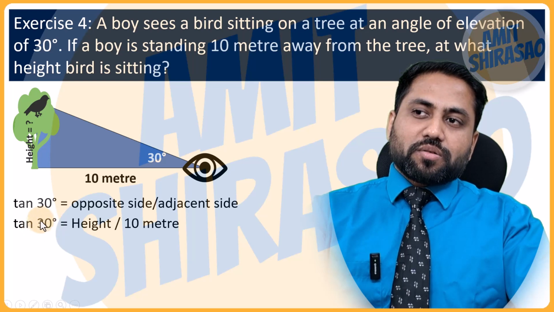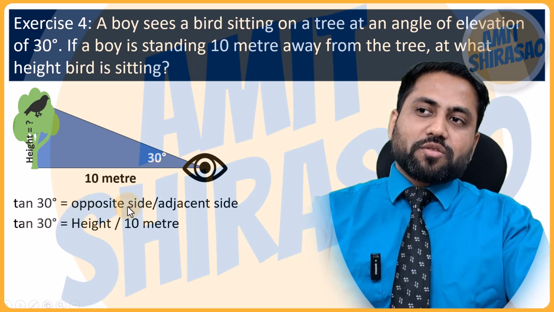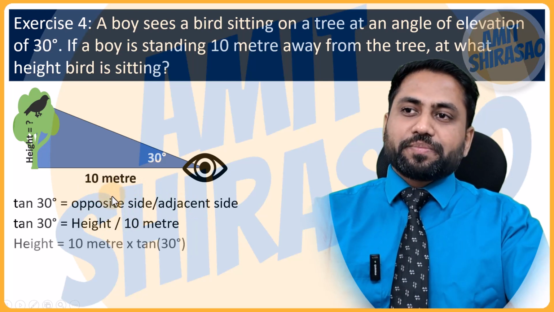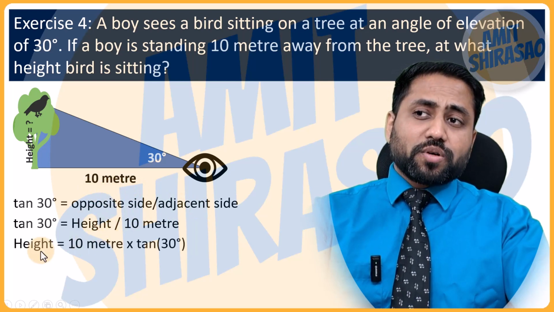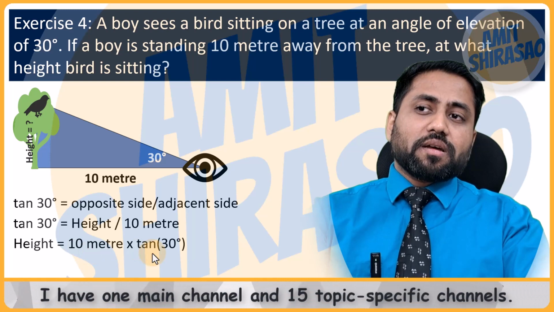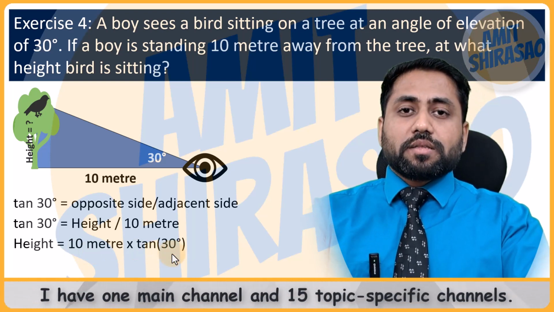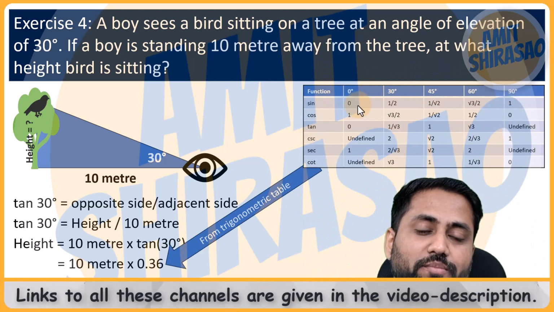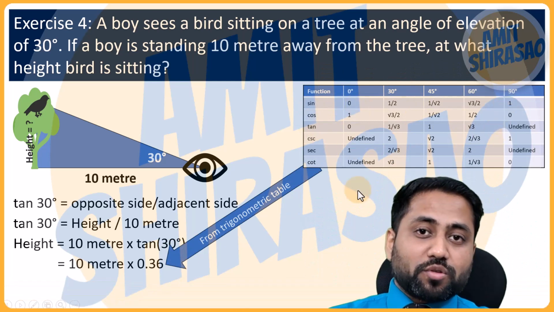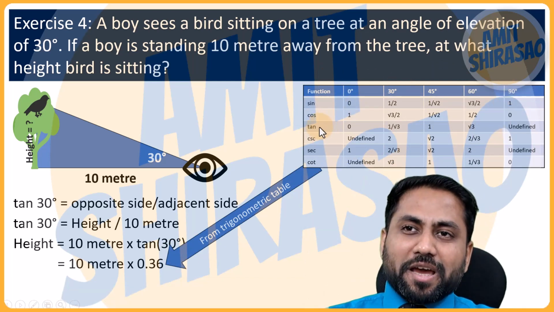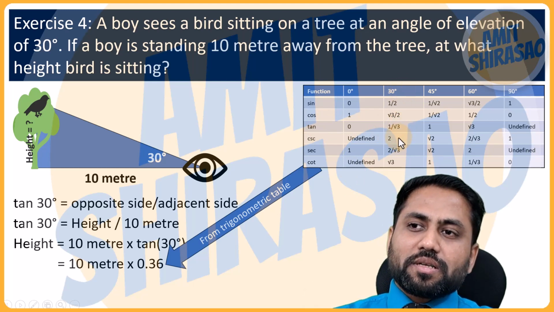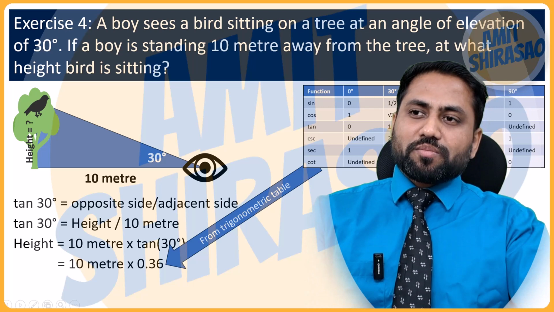Then here, instead of the opposite side, I'm writing height. Instead of the adjacent side, I'm writing 10 meters. So height is equal to what? 10 meters multiplied by tan 30 degrees. Now what is tan 30 degrees? There is this trigonometric table that I have already drawn. So tan of 30 degrees is 1 divided by root 3. Let me calculate it.